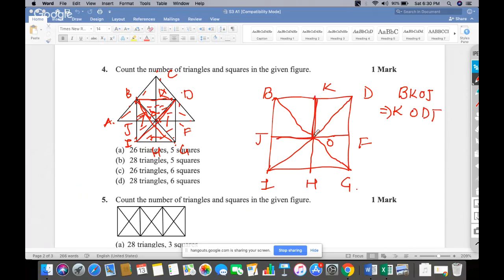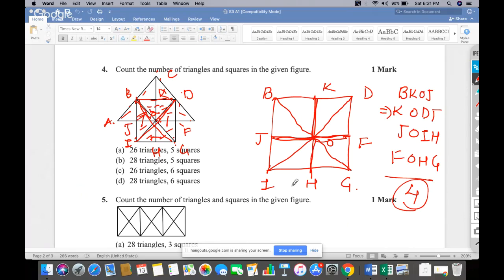So this is 1, this is 2, this is 3, this is 4. So JOIH and FOHG. So these are the 4 squares that you have in the half components.